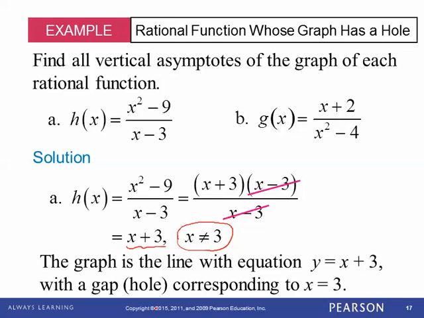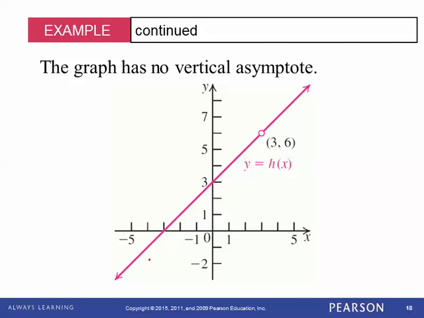So if things do factor and they cancel, we still have to account for this right here. And so what we do is we account for it by saying that there's a gap or a hole in our graph. I think everybody can graph this, y equals x plus 3. When we graph it, there it is, except right when x is equal to 3, there's a little hole or a gap in the graph.